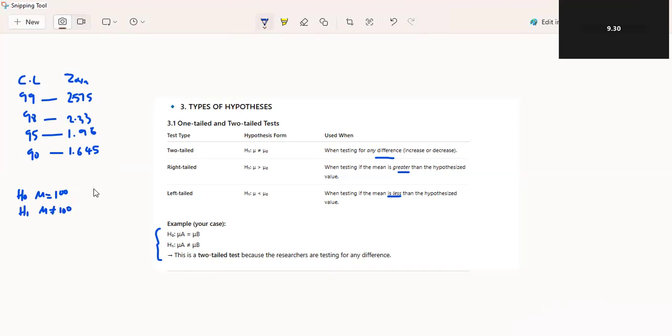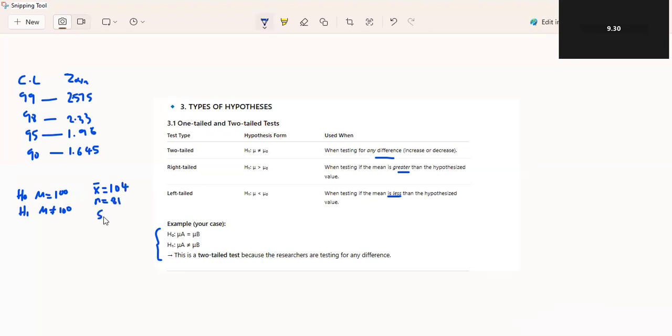Then we found our X bar is 104, and our sample size we had 81 samples.